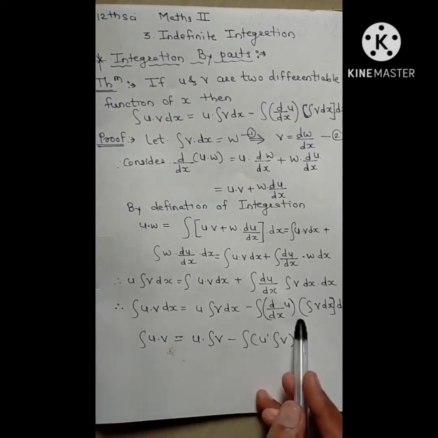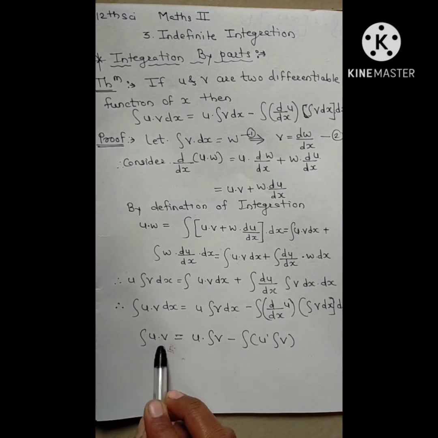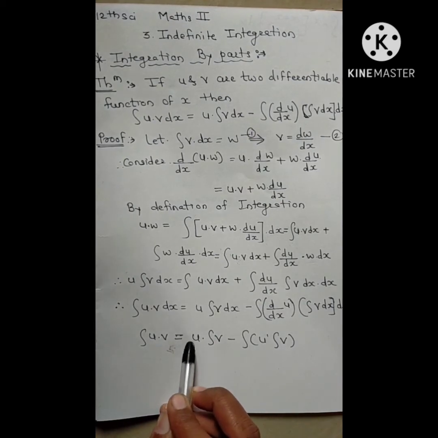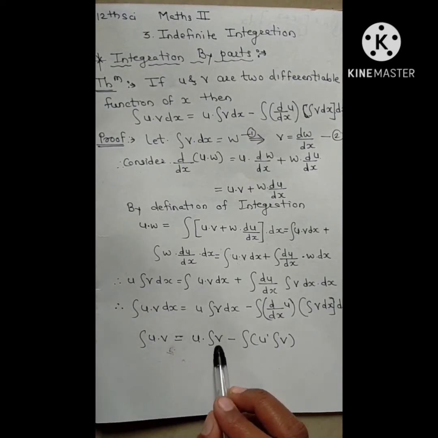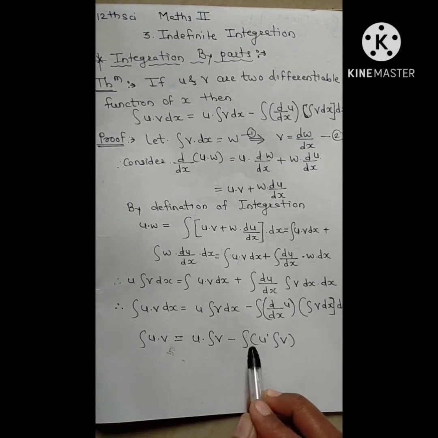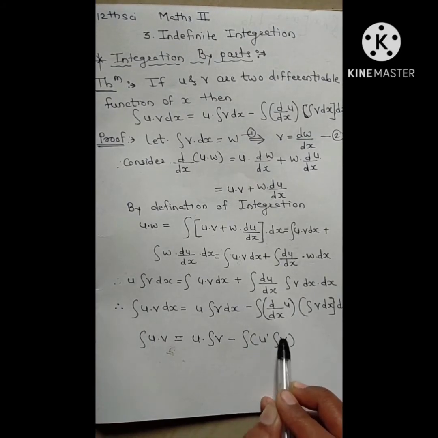Simplifying, this can be written as integration u into v, which is equal to u integration of v minus integration of derivative of u into integration of v.